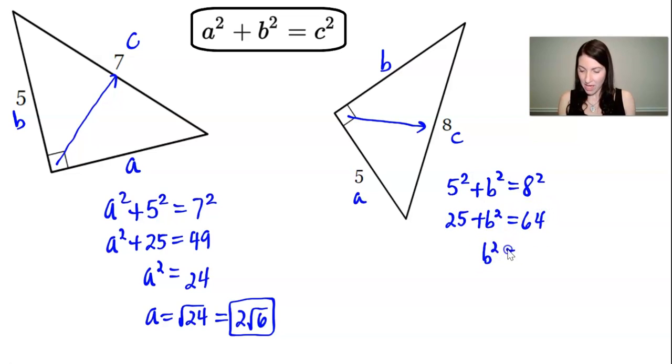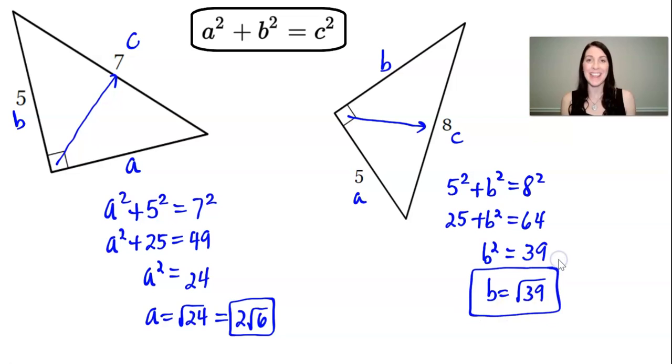Subtracting over 25, I think this gives me, let's see, I think that would be 39. And then taking the square root of 39, that would be my answer. And this radical, I believe, cannot be simplified. So I would leave my final answer as that.